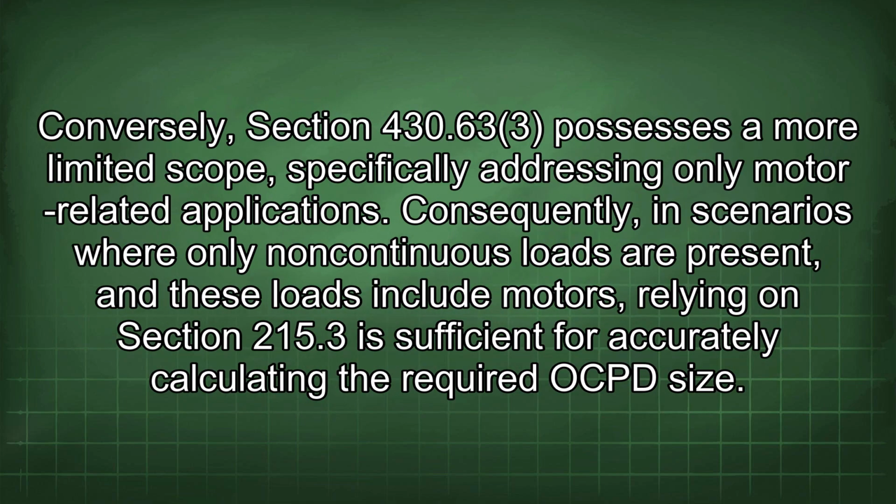Conversely, Section 430.633 possesses a more limited scope, specifically addressing only motor-related applications. Consequently, in scenarios where only non-continuous loads are present, and these loads include motors, relying on Section 215.3 is sufficient for accurately calculating the required OCPD size.